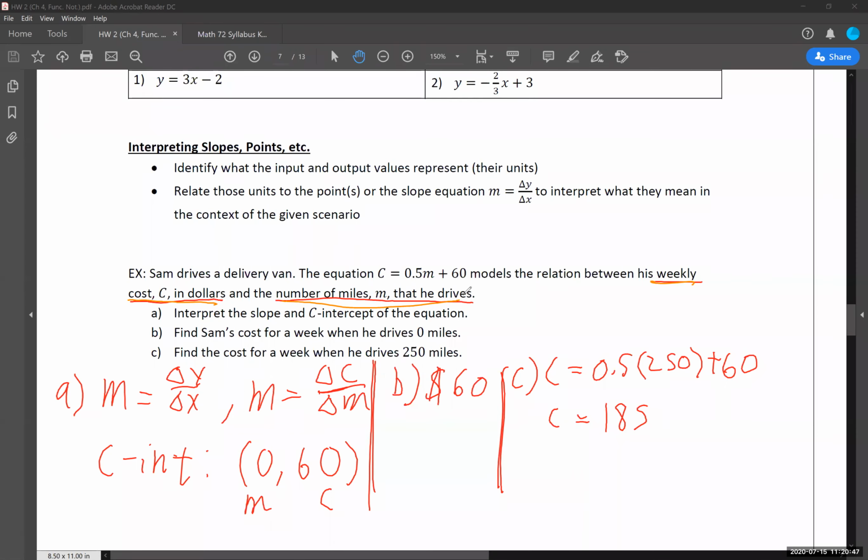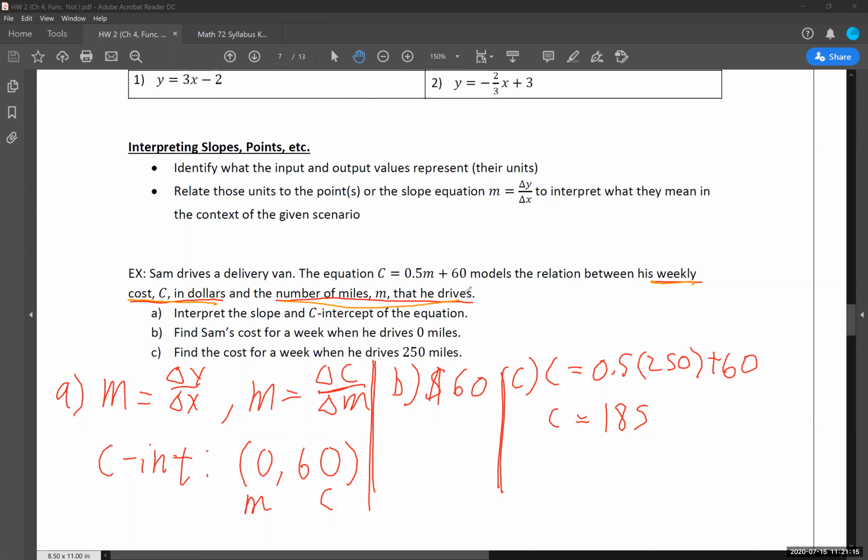But when we are asked to interpret, you are not finding numerical answers. You're going to have a sentence written out or a short phrase for your answer. So if you were asked on the test to interpret the slope, and you just give me 0.5, wrong. That is the slope. I want an interpretation of the slope in the context of the problem that you were working with.